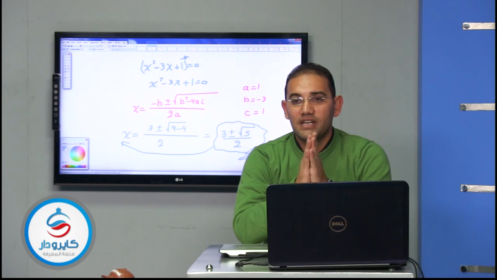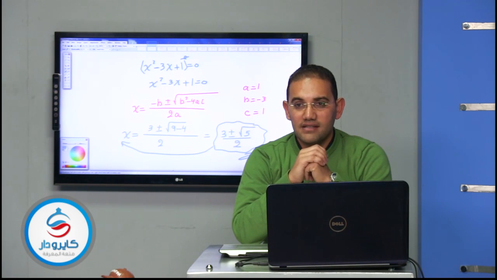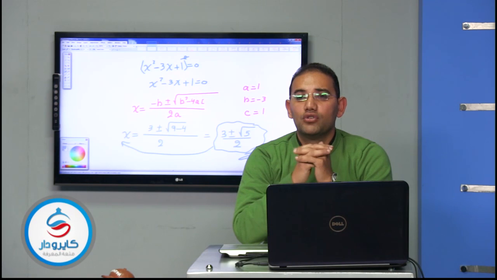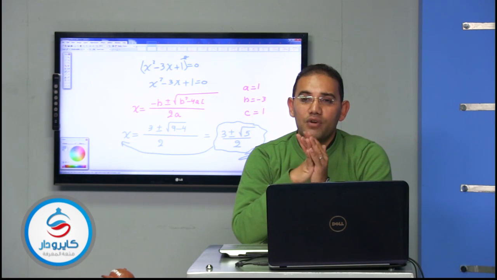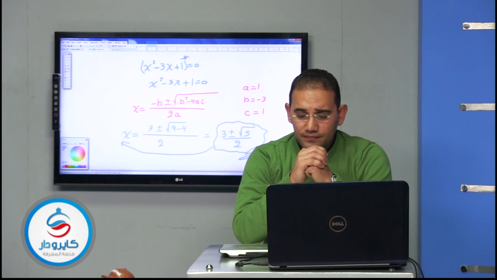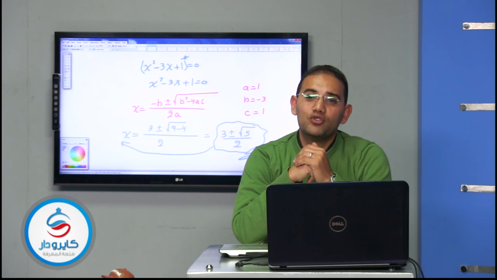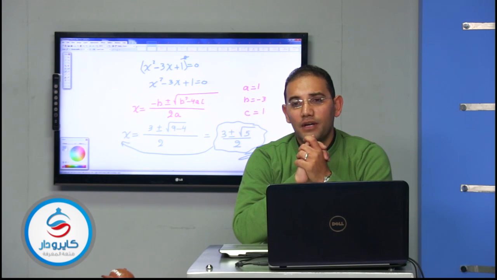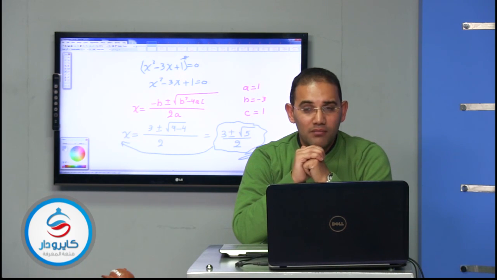We can get the slope by using the angle between the straight line and the positive direction of the x-axis: tan theta is the slope, or negative coefficient of x over coefficient of y if the equation of our straight line is in symmetric form. And if we have 2 points, we get the slope by y2 minus y1 over x2 minus x1. We have two kinds of equations, the equation of the tangent and the equation of the normal.